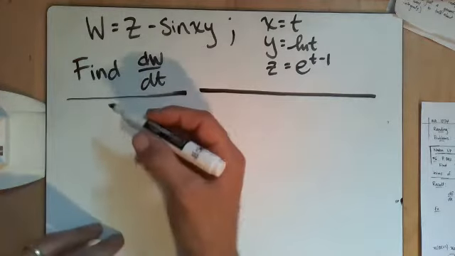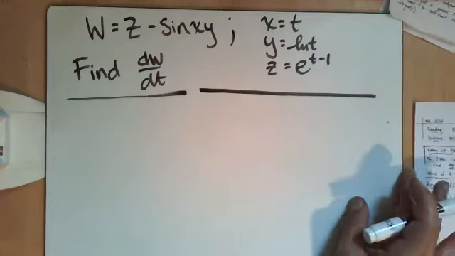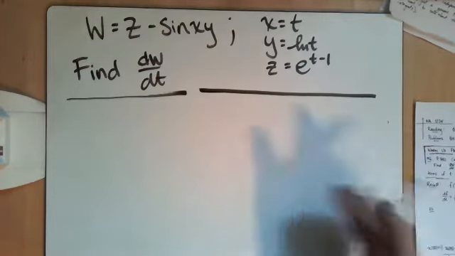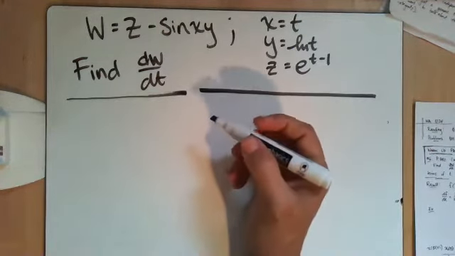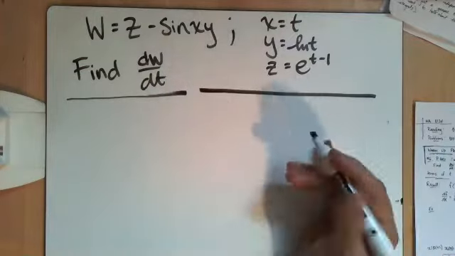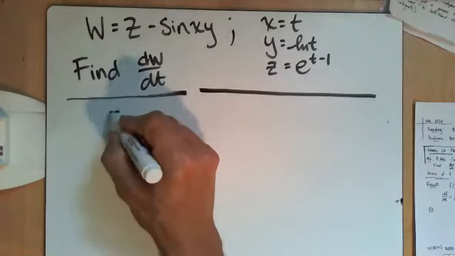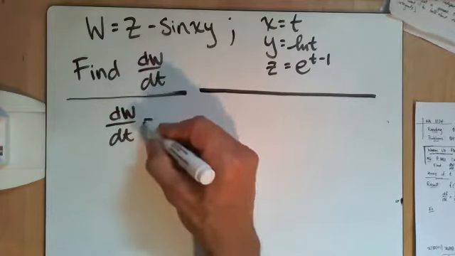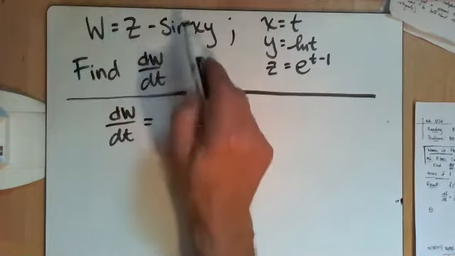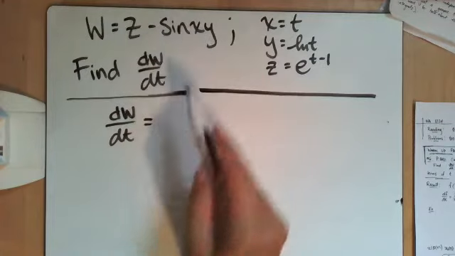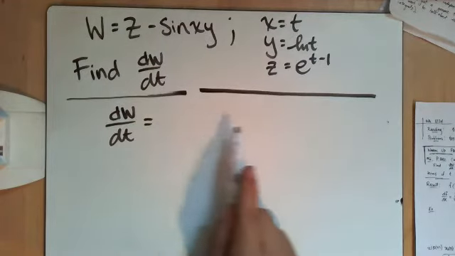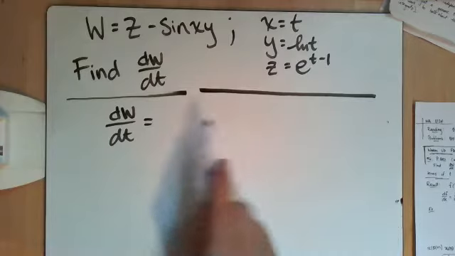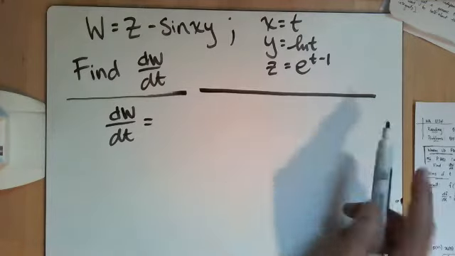So let's start with the chain rule. I didn't talk explicitly about the three-variable chain rule, but it's very similar to the two-variable one. So it looks like this: dW dt is equal to, so W is a function of X, Y, and Z, so we're going to have three different partial derivatives multiplied by three different whole derivatives.